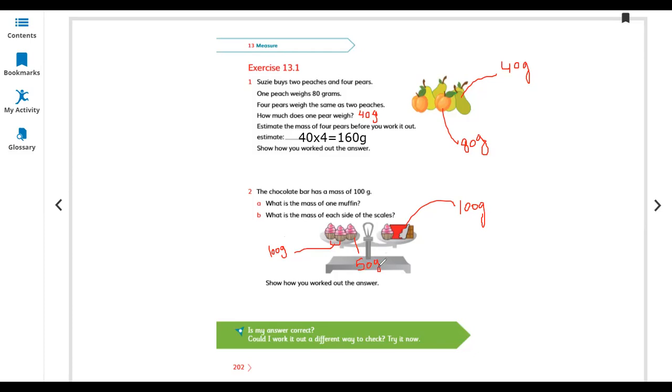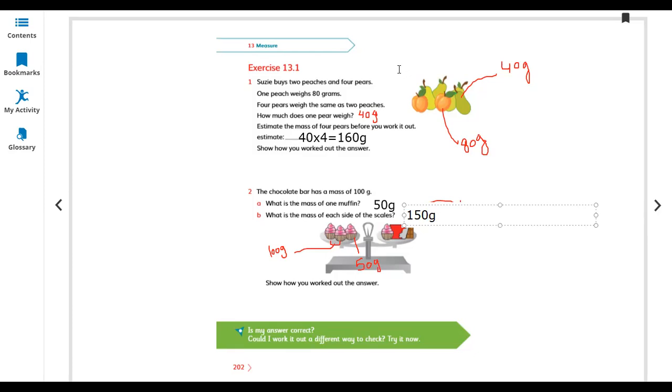So what is the mass of 1 muffin? We can write here, it's 50 gram. So if the mass for 1 muffin is 50 gram, what is the mass of each side? You can see it's 100 plus 50, 150 gram.